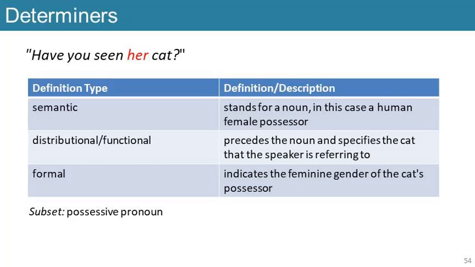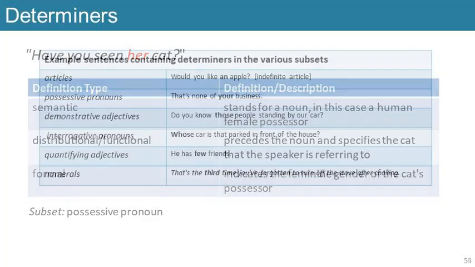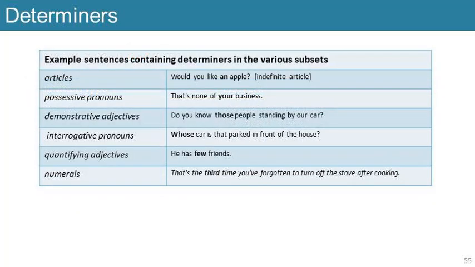A formal description notes that the determiner has the form her, indicating the feminine gender of the cat's owner. Her in the example sentence is a member of the possessive pronoun subset of the determiners. Finally, here are example sentences containing determiners in the major subsets.